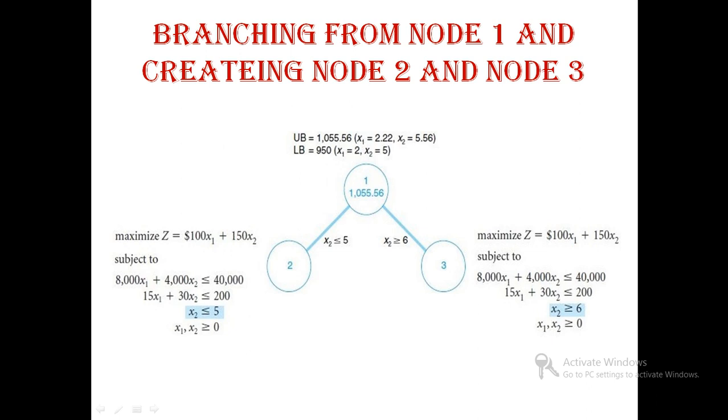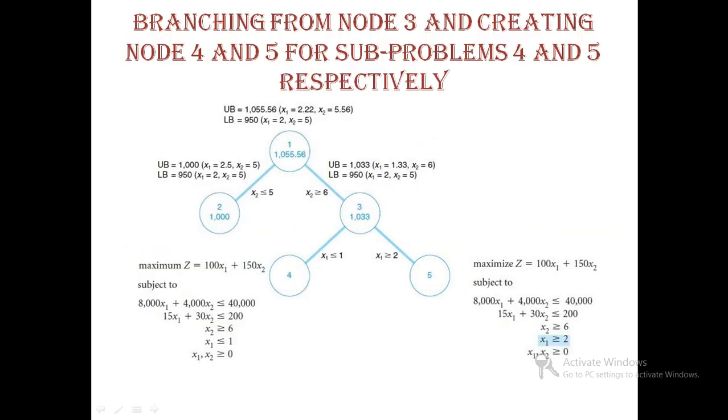Here you have put the restriction that x1 is less than or equal to 1 and x1 is greater than or equal to 2. So we again branch and find two sub problems.